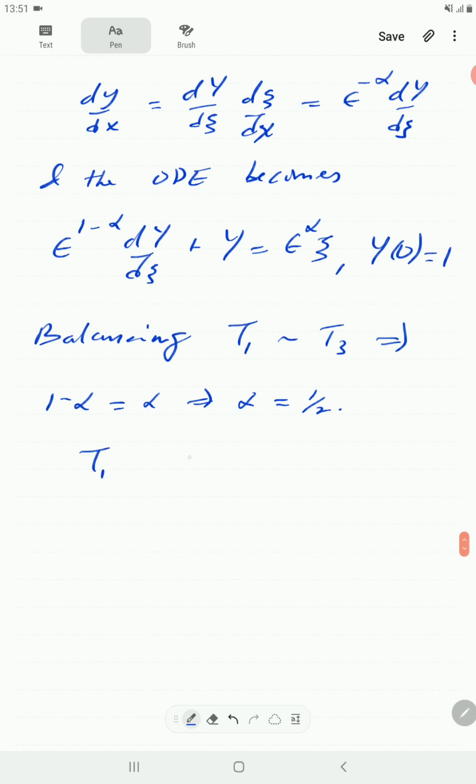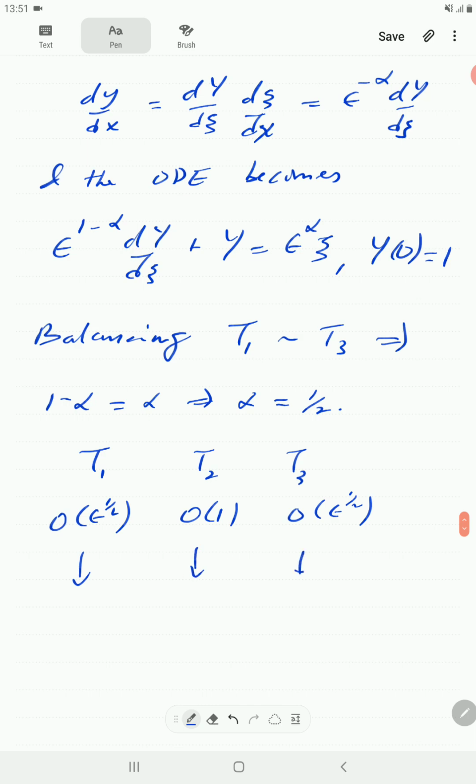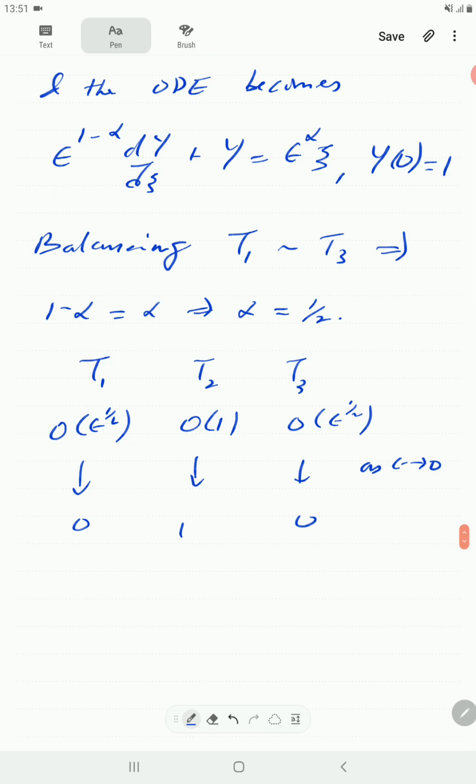So if alpha is equal to a half, then term 1 is going to be order epsilon to the power a half. Term 2 is going to be order 1, and term 3 is going to be order epsilon to the power a half. Then in the limit epsilon goes to 0, this term goes to 0, this goes to 1, and this goes to 0.